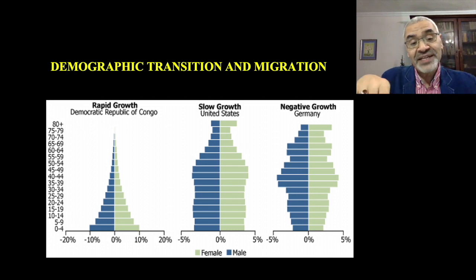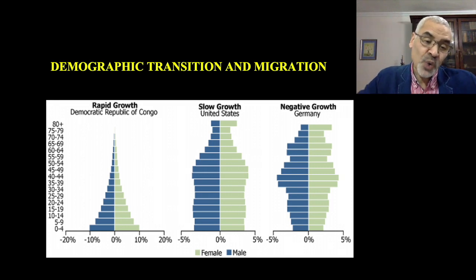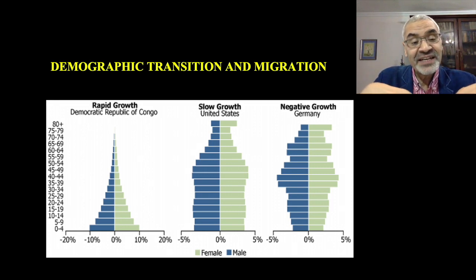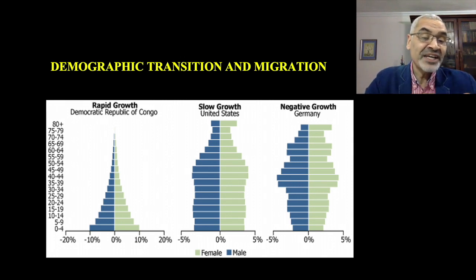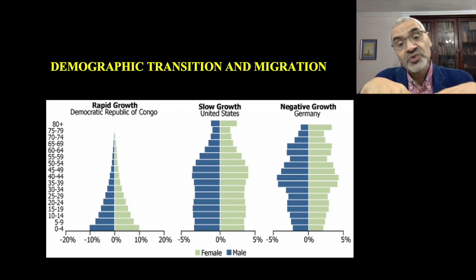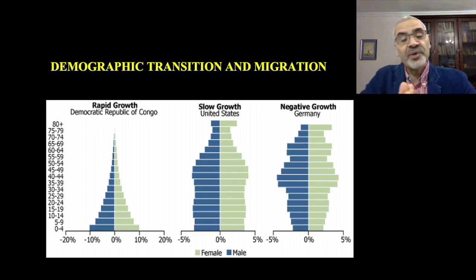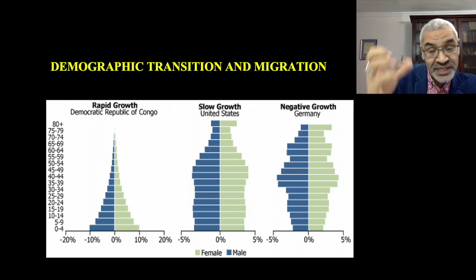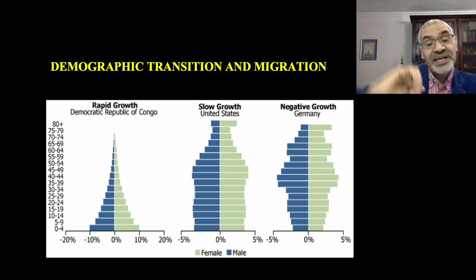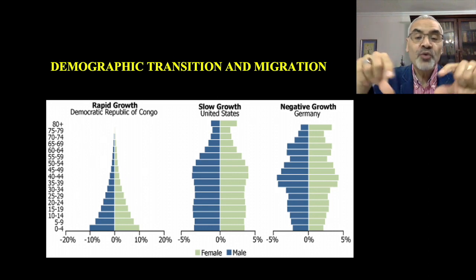You can see here that the base of the pyramid in the Democratic Republic of Congo is wide. That represents the vast majority, like 40-50% of the population, in very young ages, compared to Germany, where the population is shrinking and the number of people in the first age groups is lower than the population in the middle working age groups.